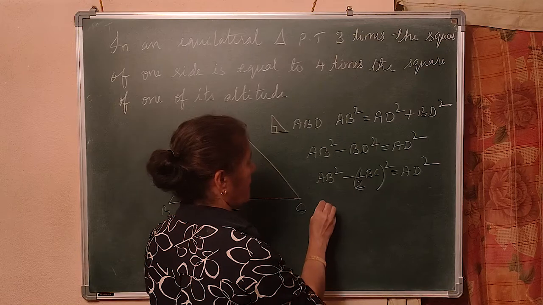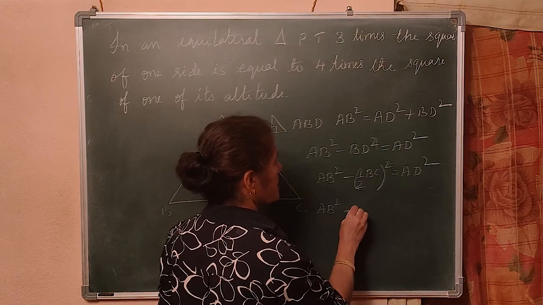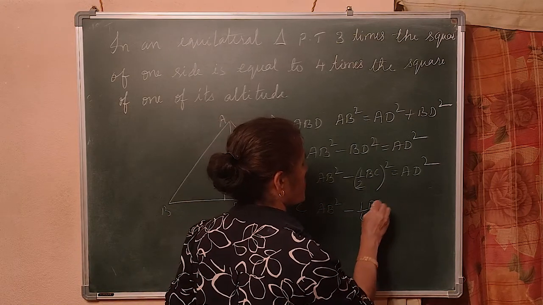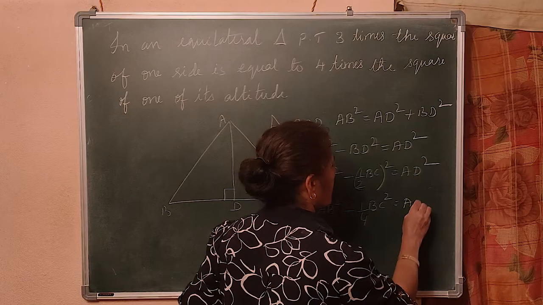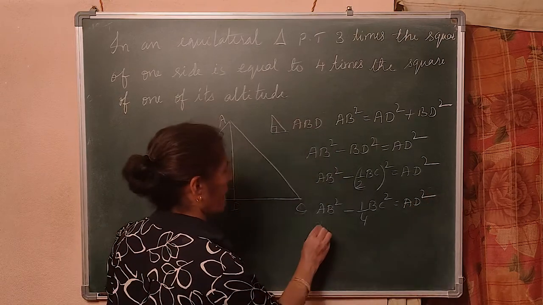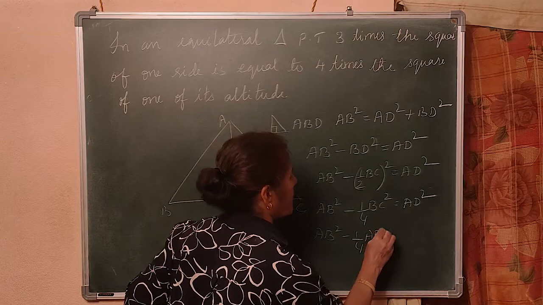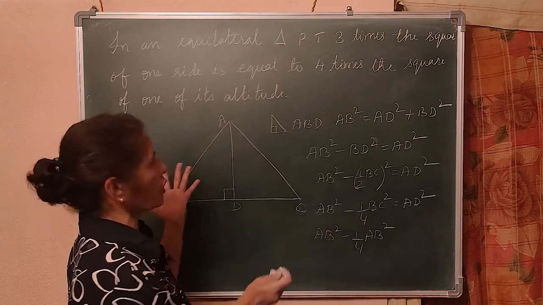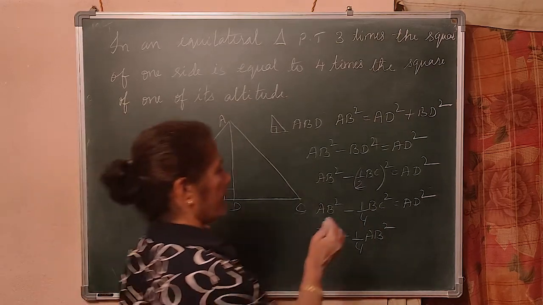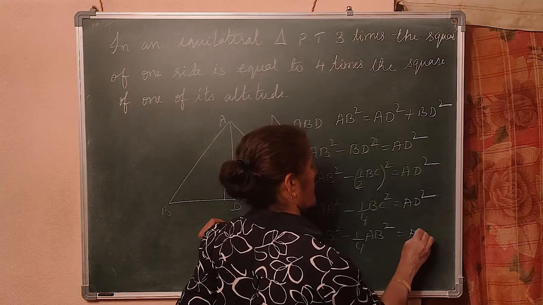So I write AB square minus 1/4 of BC square is equal to AD square, and AB square minus 1/4 of AB square, because BC square is equal to AB square is equal to AC square.